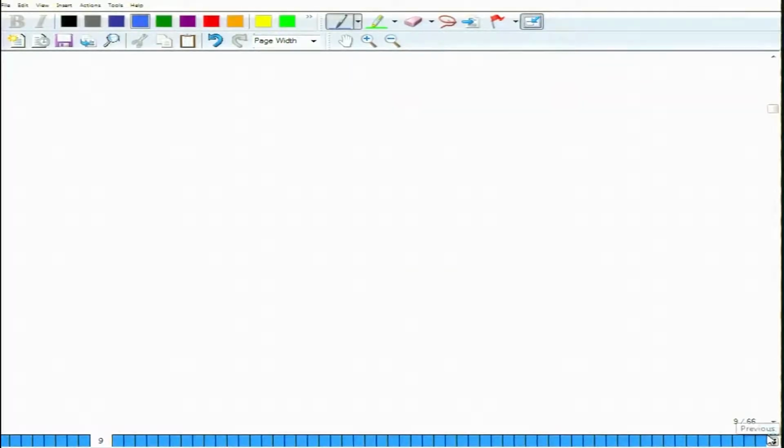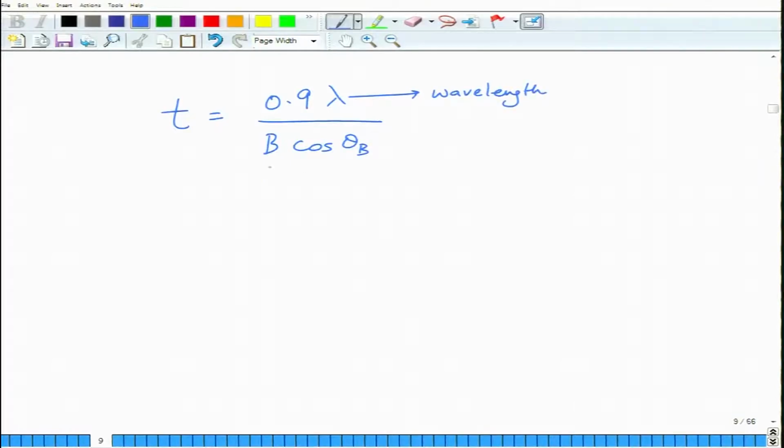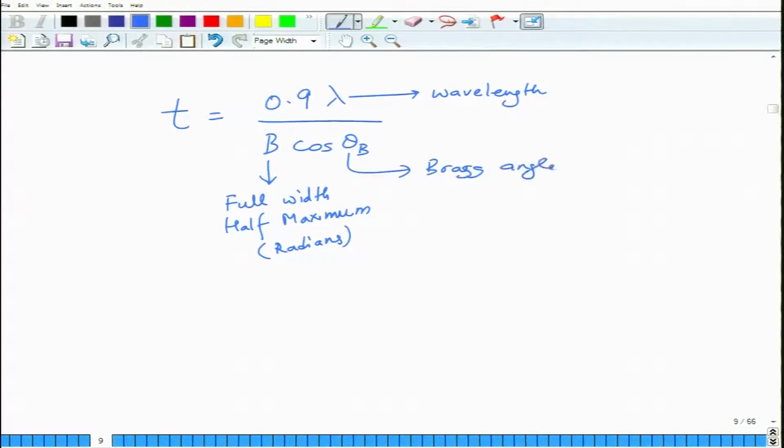and this is characterized by a relation called as the crystal size T is characterized by 0.9 lambda divided by b cos theta b, where lambda is the wavelength, b is the full width, half maximum, which is in radians, okay, and theta b is the Bragg angle in degrees, okay, and this is your wavelength in meters or whatever, nanometer.